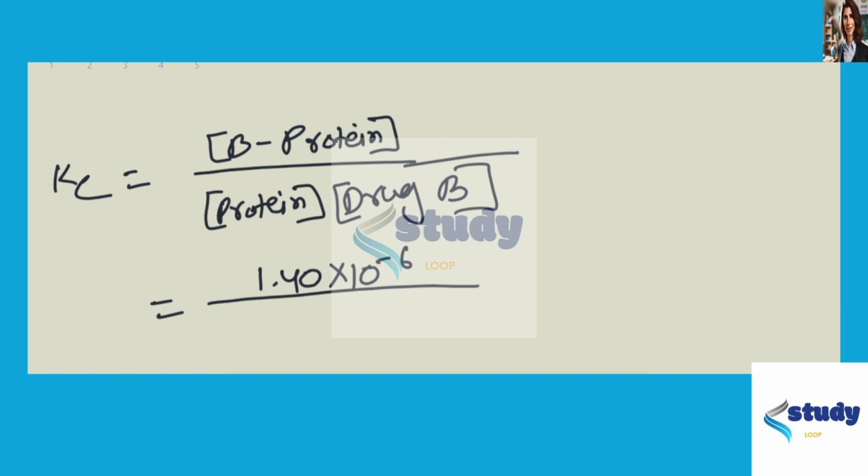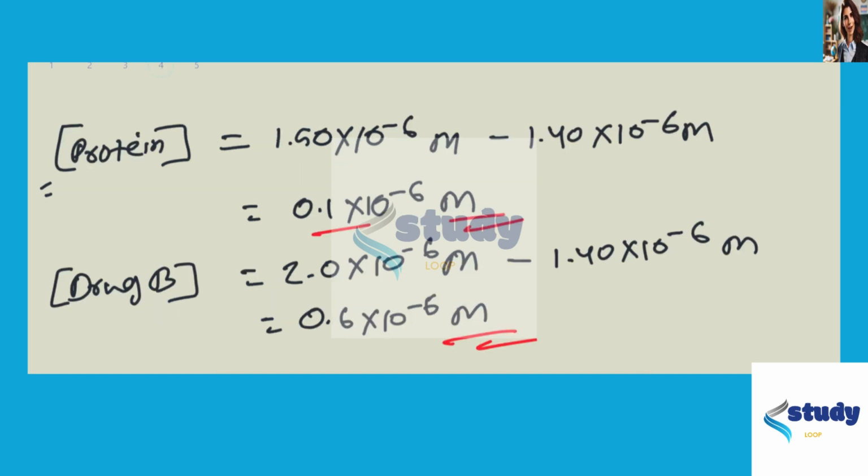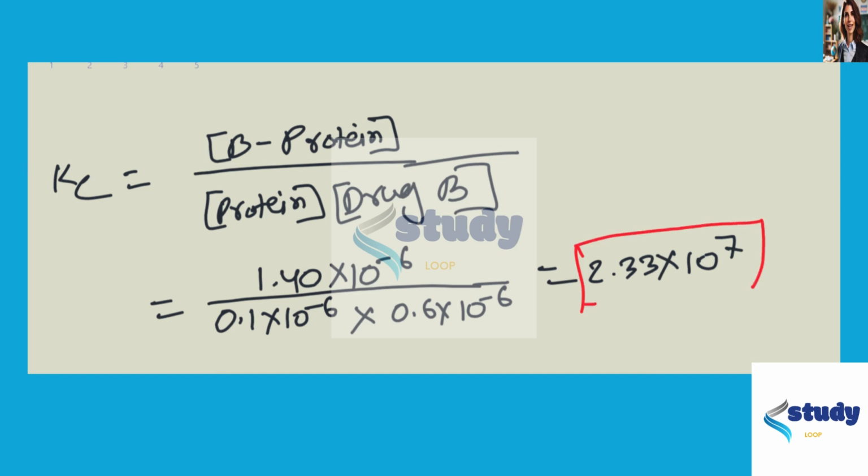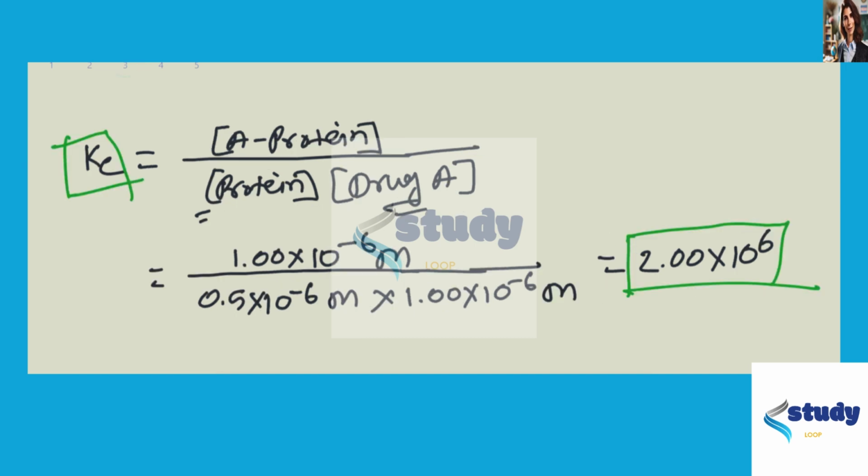The protein concentration at equilibrium for this reaction we have calculated as 0.1 times 10 to the power minus 6, times the drug B concentration we have calculated as 0.6 times 10 to the power minus 6, and this will give us a value of 2.33 times 10 to the power 7.